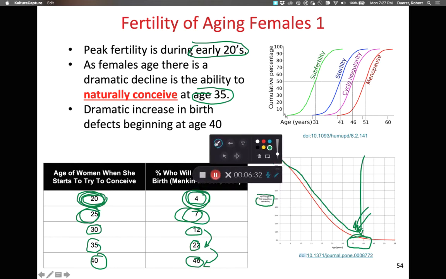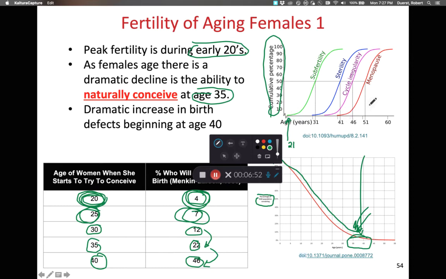As we look at this figure in the upper right-hand corner of the screen, we can see the percentage of females within a population at different age spans. This line right here is supposed to be 21. I had to look at the source, the primary article, to get that number for you.